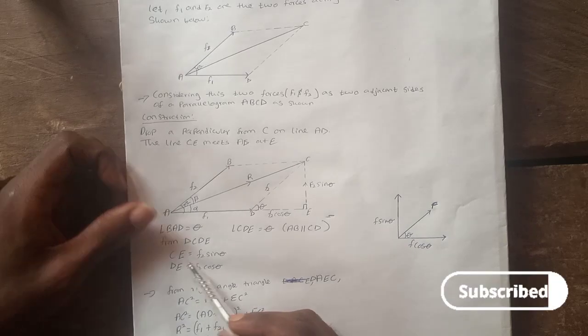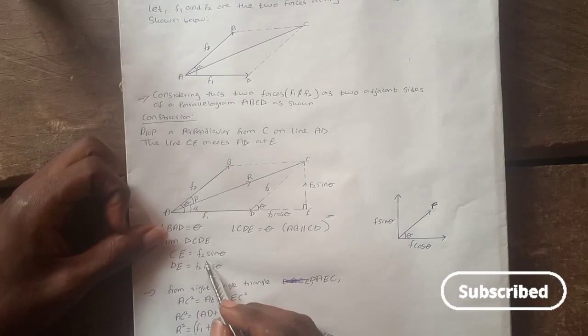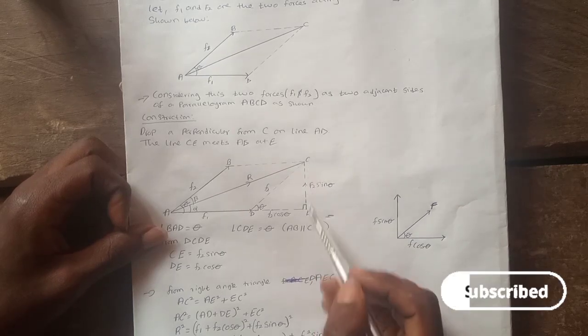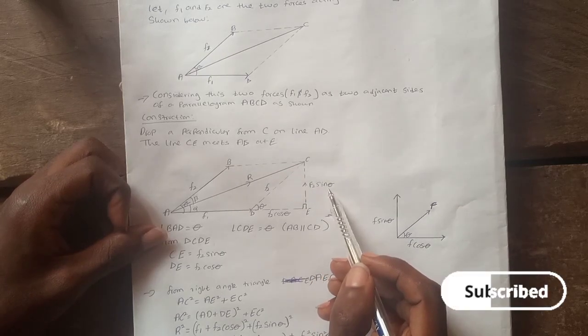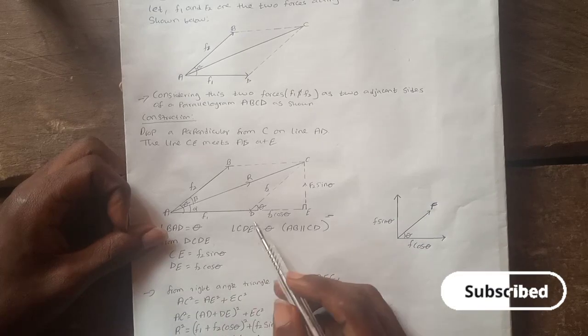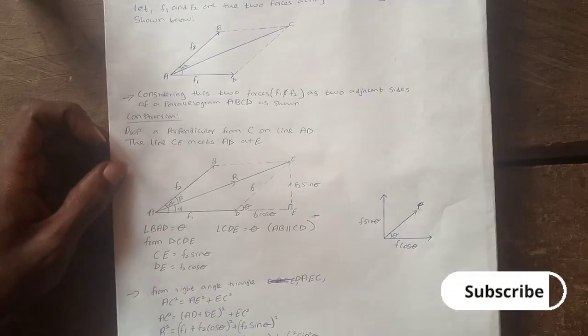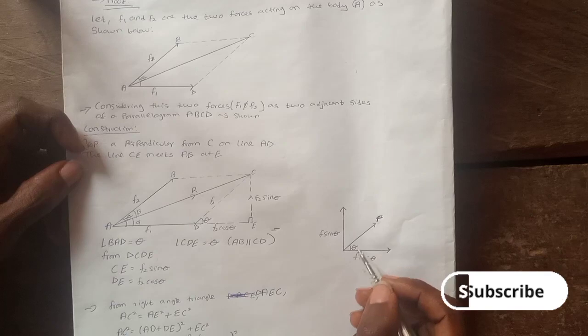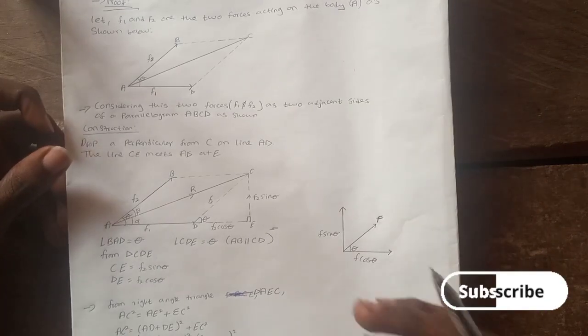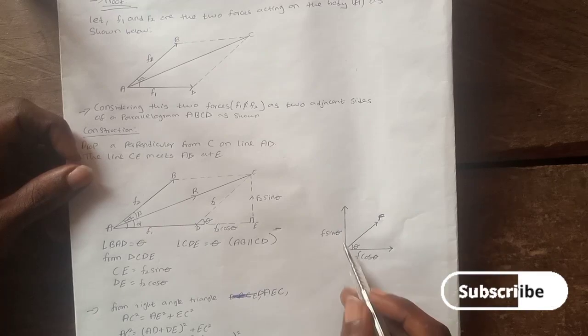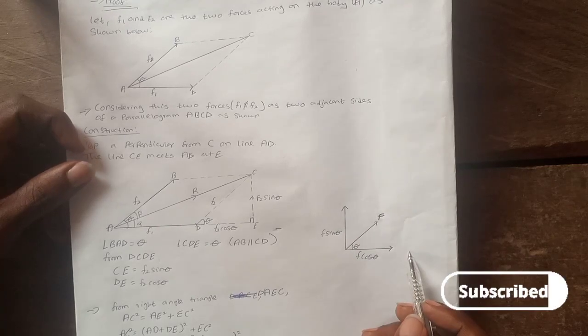Then from the triangle CDE, CE is equal to F2 sin theta, that is from here, F2 sin theta, while DE is equal to F2 cos theta. You may be asking why. The reason is that if two forces act at an angle, there are two components there, that is the vertical component and the horizontal component.